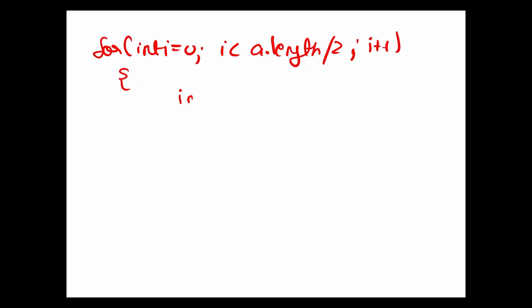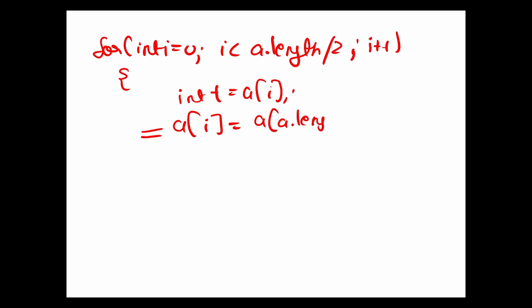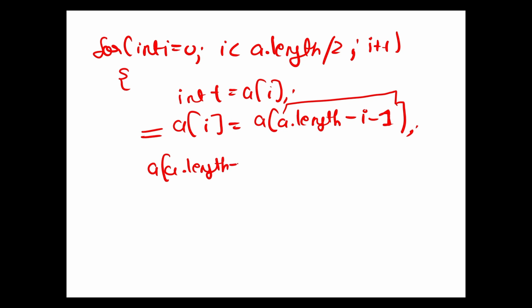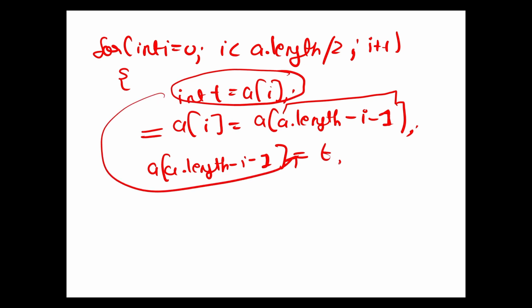First you will store the initial element of the array in t, then in the initial position you will put the value from the last part, whose correct index you get from the formula I told you earlier. And then at that index from the last, you store the initial value that you have stored in t, and this is how you will do the swapping of the entire array.